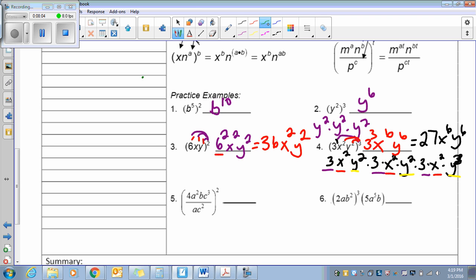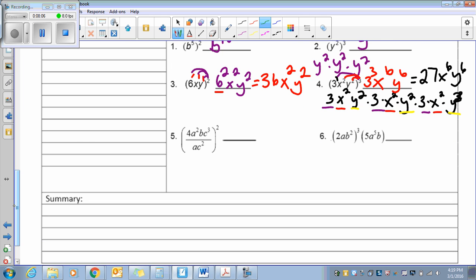Let's look at the last two examples. Again, even with division, this squared is being applied to every number on the inside of the parentheses. Don't forget that that coefficient has an exponent of 1. I always like to put that there so I remember. So we really want to say, right, 4 squared.